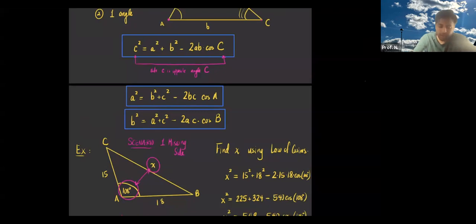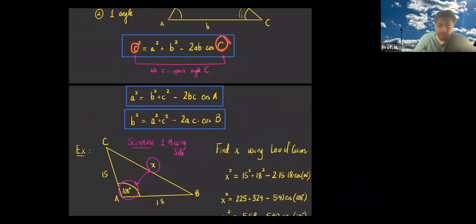It doesn't matter if I'm here, here, or here. Do you see the structure behind it? I have one side squared, then I have the other side squared. I'm adding them. For all of them, there's the same idea. Then I'm subtracting what? I'm subtracting double the product of those sides, and then I'm multiplying that with cosine of the angle that's opposite this side.